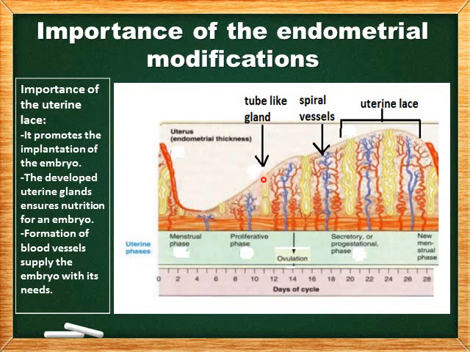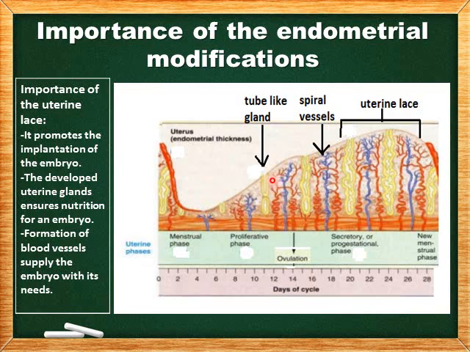In addition, we start to observe something known as tube-like glands. What are these glands? These glands are important for the development of the embryo by giving important nutritive substances which ensure the development of the embryo. Because, as we all know, the fertilized egg is still small and cannot survive without these nutritive substances.